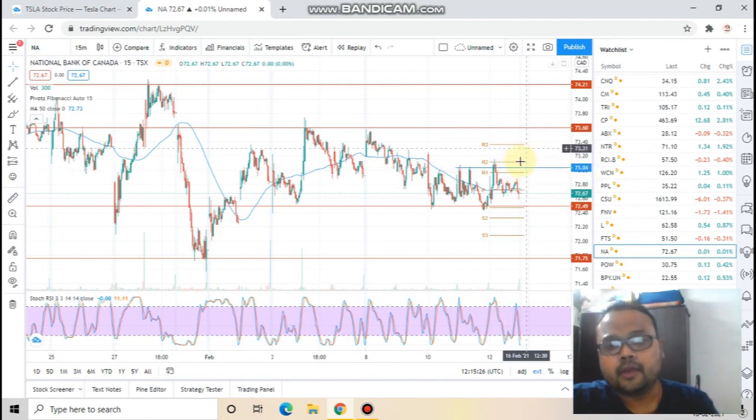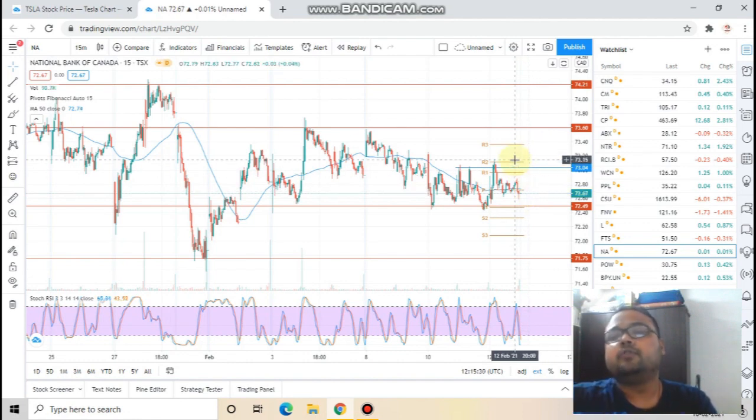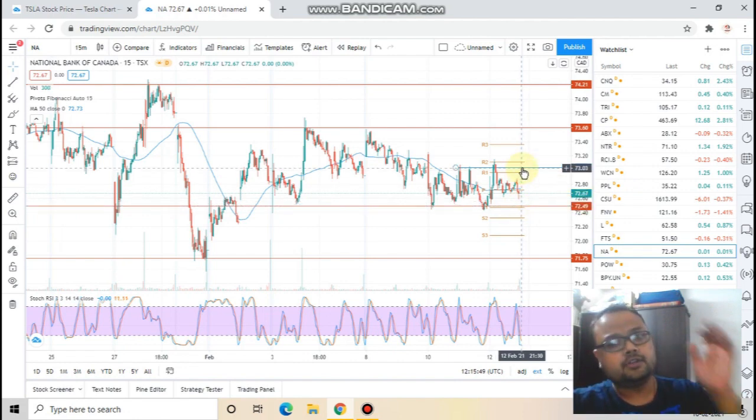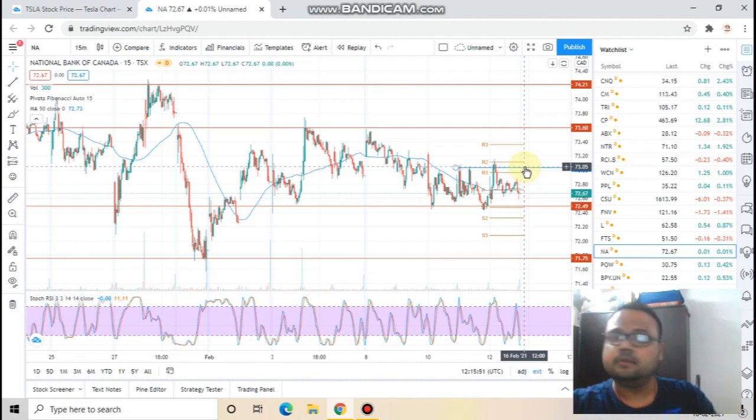You need to be careful at the 73 level, and if it goes down to the 72.49 level, there is support available, so do not short blindly. If it reaches this level and you spot price reversal, then you know what to do. It's a thumbs up. And if after reaching this level it shows some reversal sign, then you can short the market.